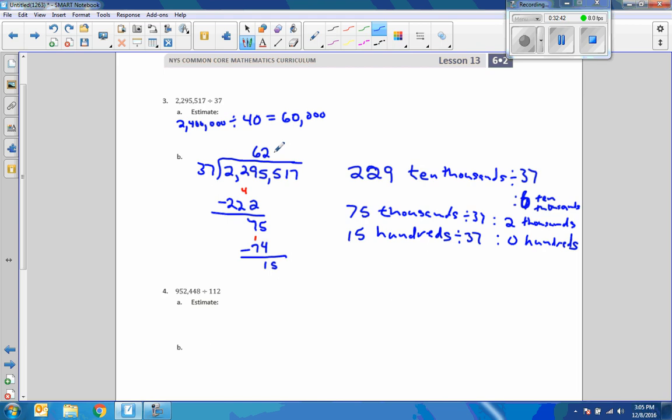Because it's smaller, I'm going to put 0 here. And then I bring down the 1. So then I'm going to say 151 tens divided by 37. And 37 goes into 151 4 times.